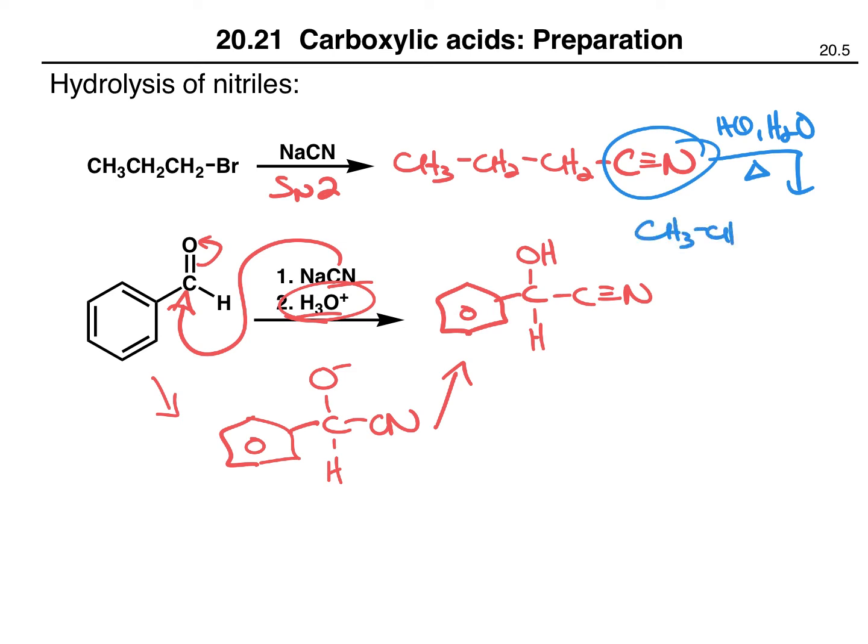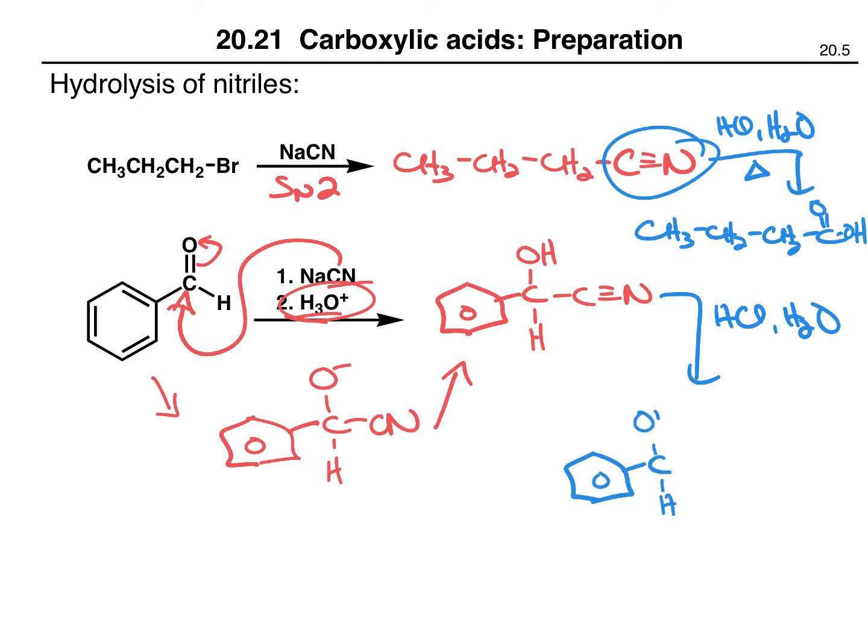So in the first case, we would make this, and in the second case, we would get this. We still have our OH, and now we have a carboxylic acid. So this gives us an alpha hydroxy carboxylic acid.